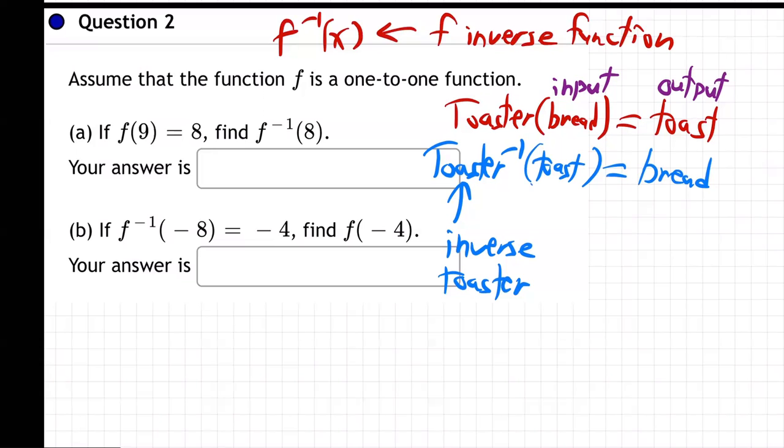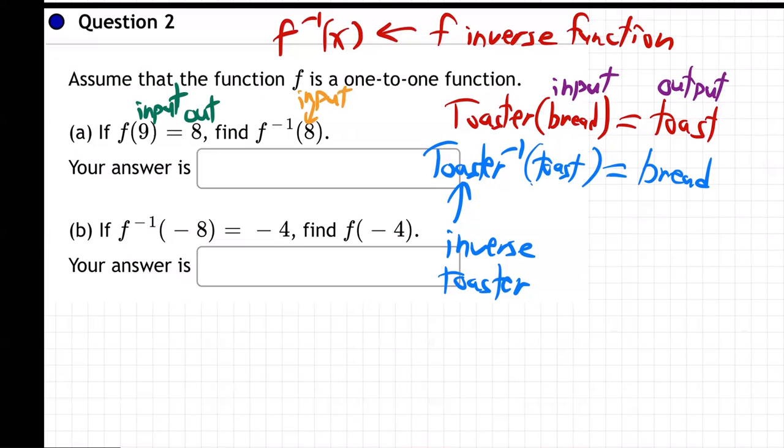So let's do this actual question now. When they tell me this is the input, they put a 9 into this f function, whatever it is, and out came an 8. Okay, great. So what? Well, now they're going to put an 8, that's now the input, into the inverse, the opposite of f.